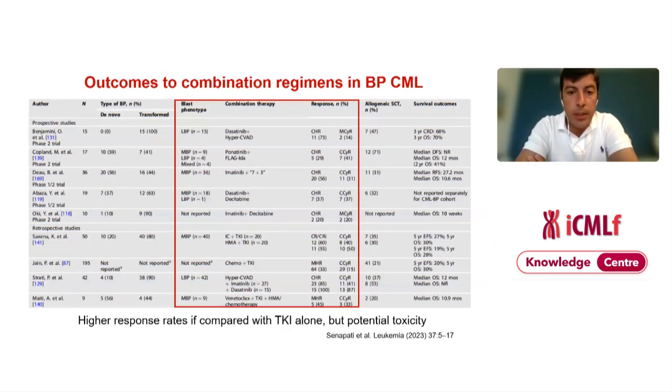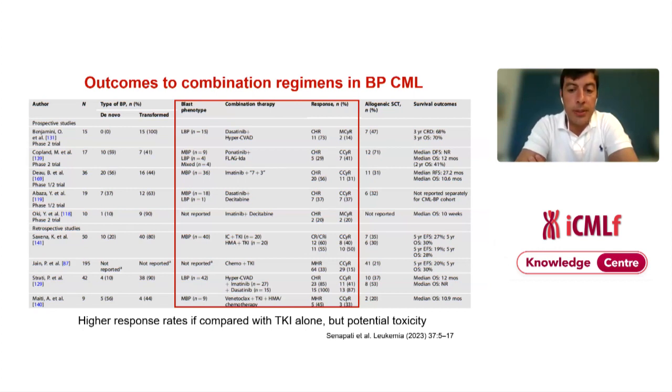So we tried to combine conventional chemotherapy with tyrosine kinase inhibitors to improve the response rate in terms of complete cytogenetic response and major molecular response.